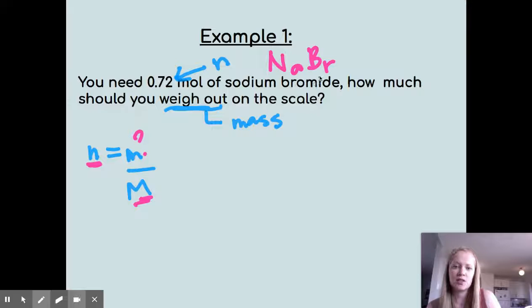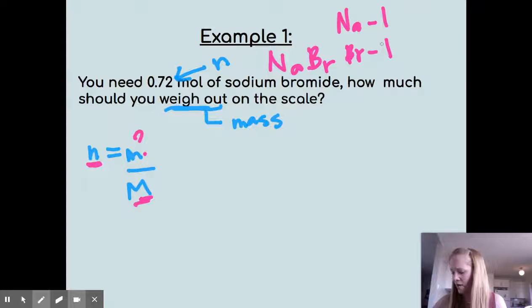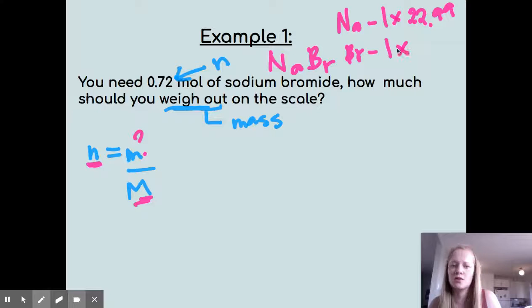So if I was to calculate the molar mass for sodium bromide, I would break this down and say, okay, I have 1 sodium, I have 1 bromine. I'm going to look for my atomic mass. My atomic mass for sodium is 22.99, and my atomic mass for bromine is 79.90.